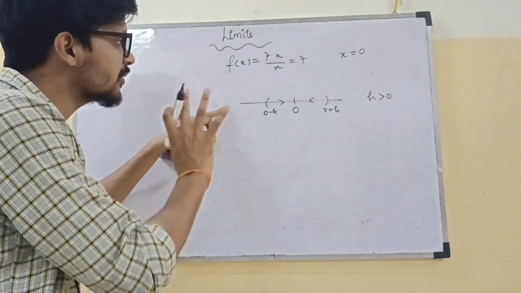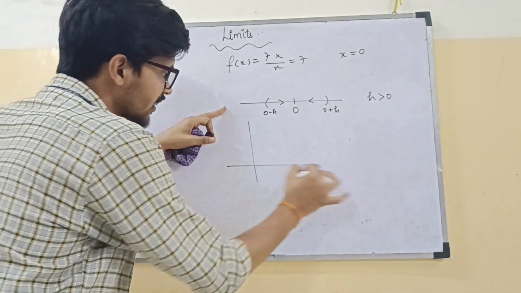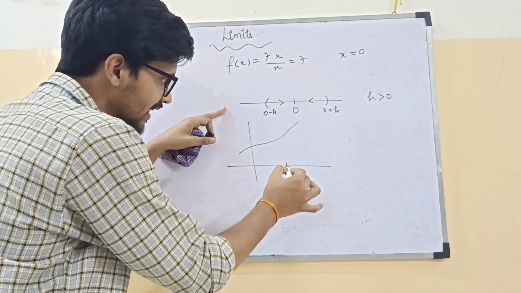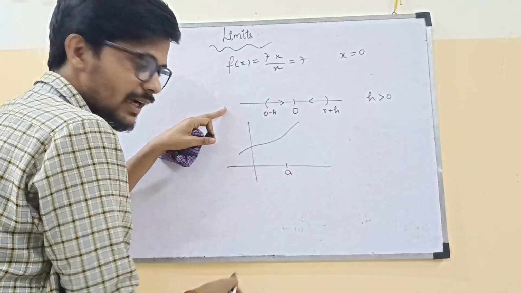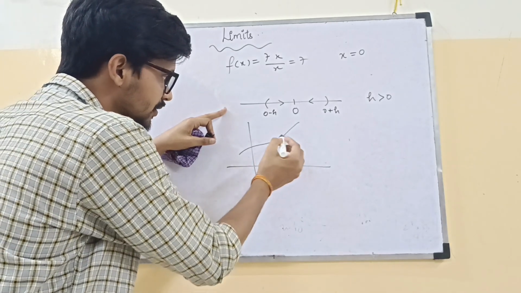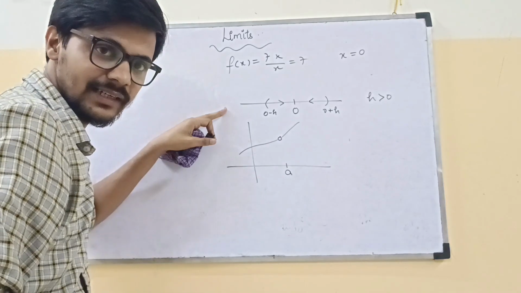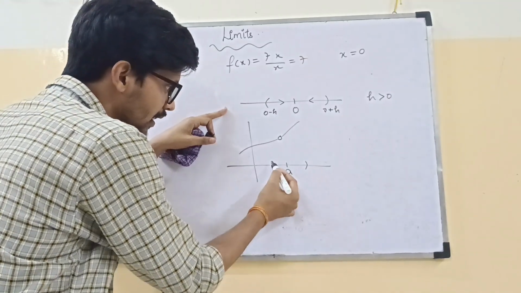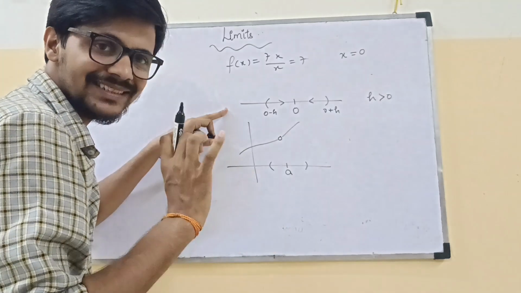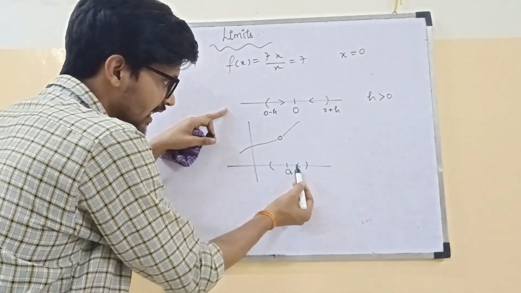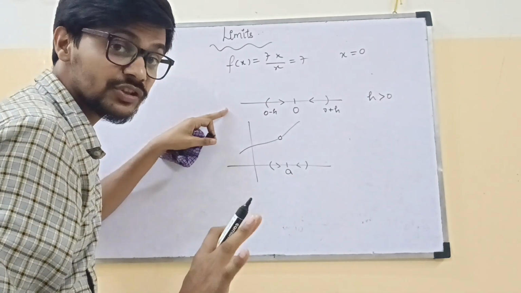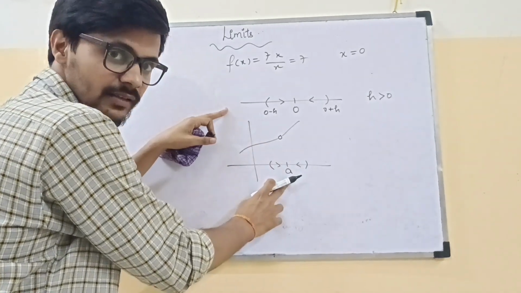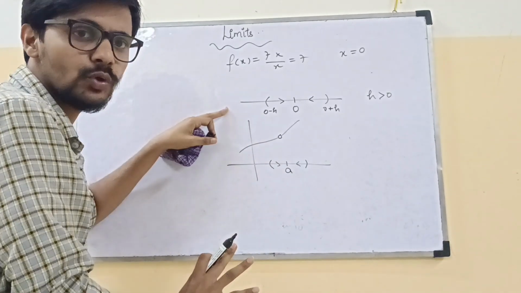Okay, so in limits, if I have some function like this, we'll take any point a and consider its value is not defined at this point, right? So we take this point a and we approach towards a from the left and from the right to approximate the value of the function at a, right? So this is what we do overall.